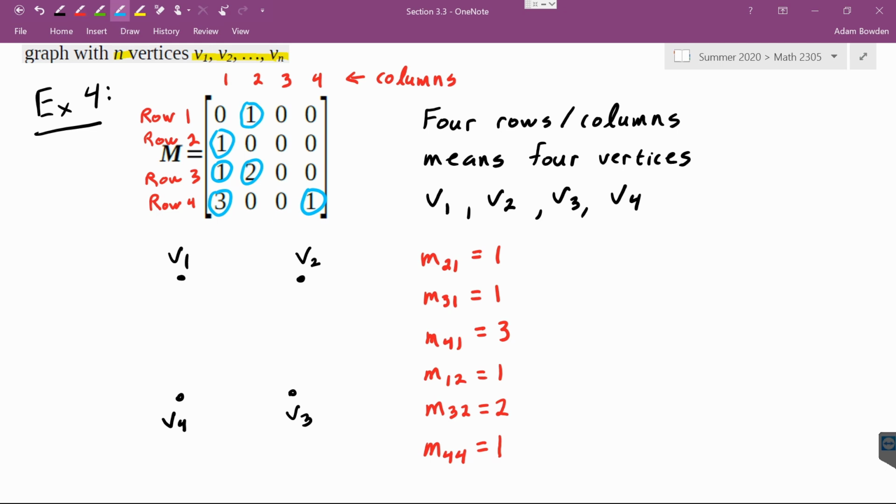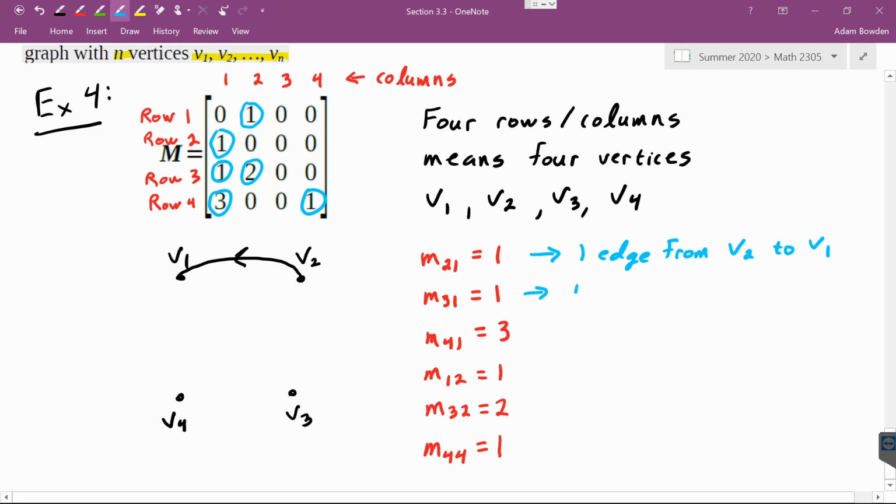Now what each of these numbers is going to tell me is the edges I need to draw between which vertices and how many of them I need to draw. So for instance, the first number we have here means we need to draw one edge from V2 to V1. The 2 and the 1 here are coming from the M21. So I need to draw an edge from V2 to V1.